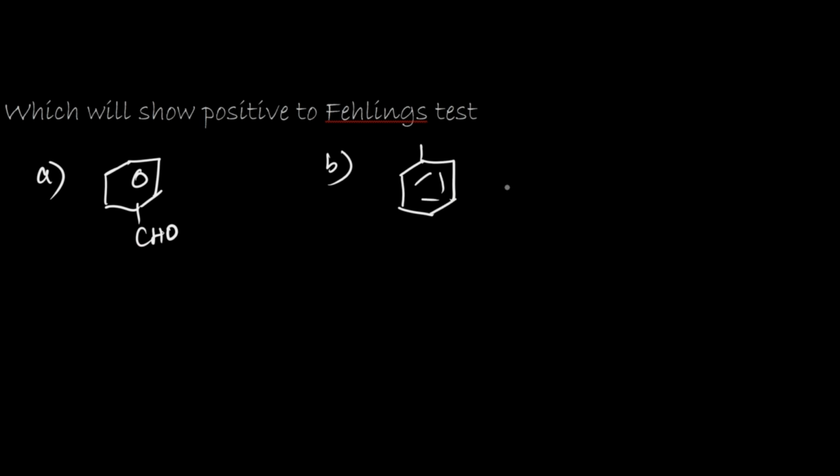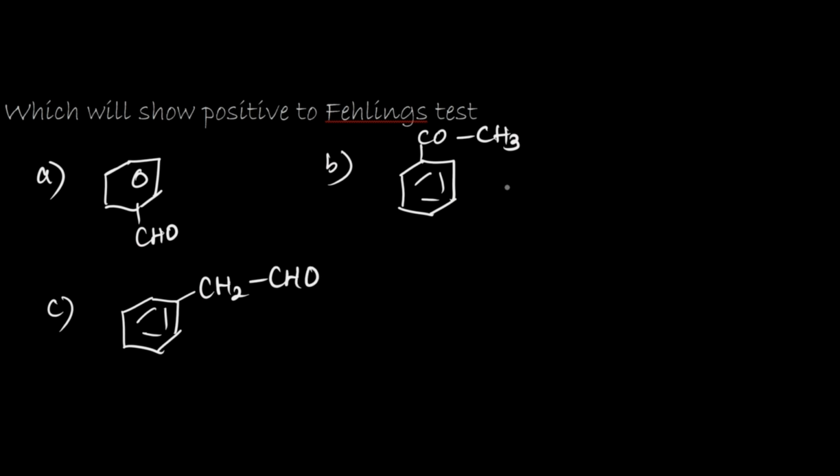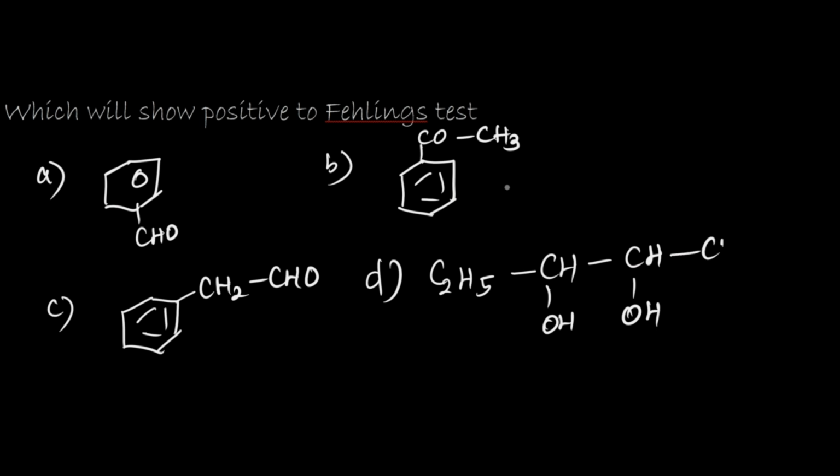Which will show positive to the Fehling's test? Let me give you the options as well. The first option is benzaldehyde. The second option is acetophenone. The third option is C6H5CH2CHO, and D is CH3C2H5CHOHCHOHCH3.